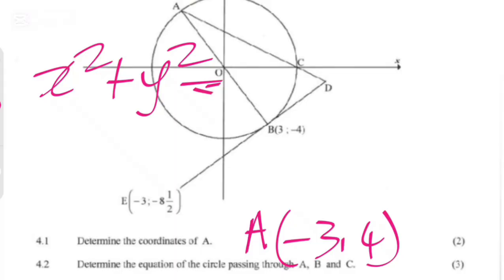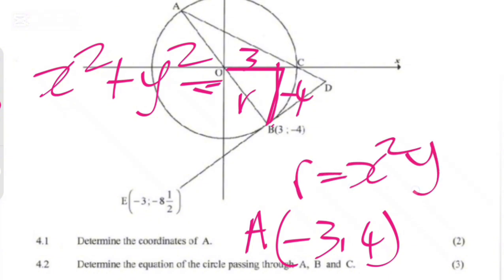How can you find r? You have this triangle, you have 3 here, you have minus 4, and this is r. Using the theorem of Pythagoras, r equals the square root of x squared plus y squared, which is 5. So r is going to be 5.